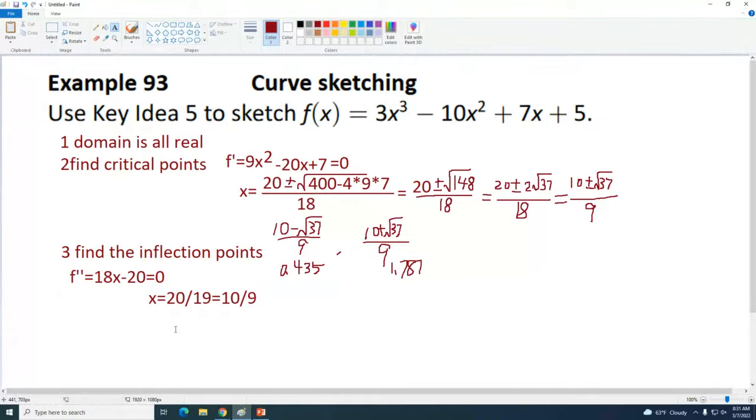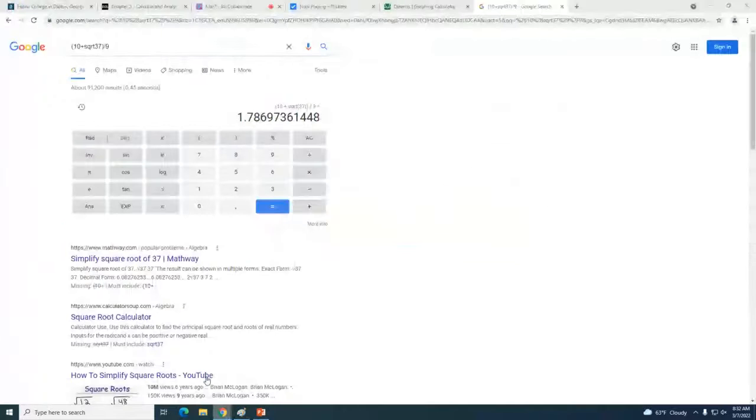You see the critical points, 10/9 minus root of 37/9 and 10/9 plus root of 37/9. So this point is higher than the first and lower than the second. Really, it's a midpoint. If you look at the graph that we just drew, you don't have to draw the graph, but the graph really says a lot.